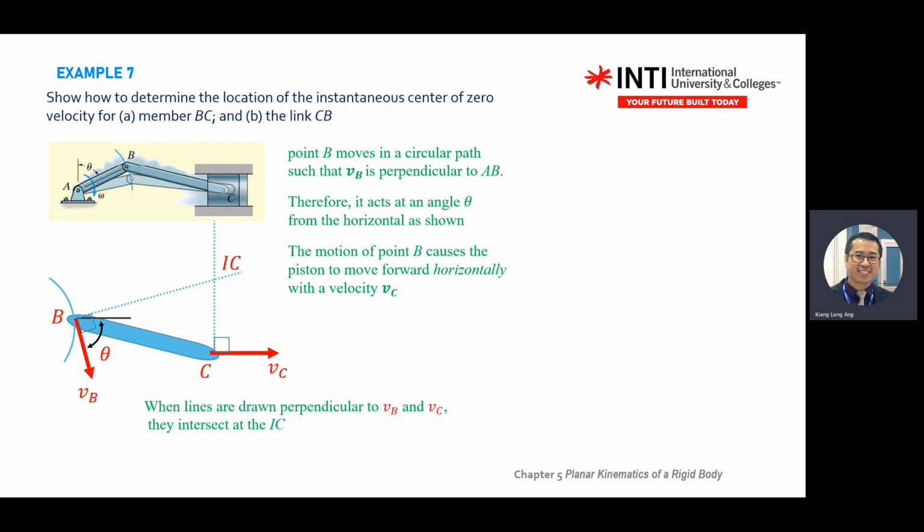How do we calculate the radius, or the distance from IC? R equals, okay, you use this equation, V equals omega R. You want to find R, so move omega to the left-hand side. Same here, R of C with respect to IC equals VC divided by omega.